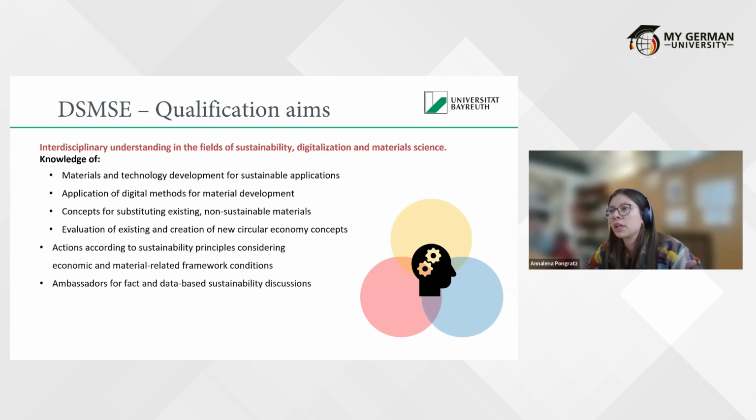This means that we want you to have knowledge of materials and technology development for sustainable applications, knowledge of application of digital methods on material development, knowledge of concepts for substituting existing non-sustainable materials with more environmentally friendly solutions, that you can evaluate existing circular economy concepts and create new ones, that you can perform actions according to the sustainability principles, considering the economic and material-related framework conditions, and that you can be an ambassador for fact and data-based sustainability discussions in society.